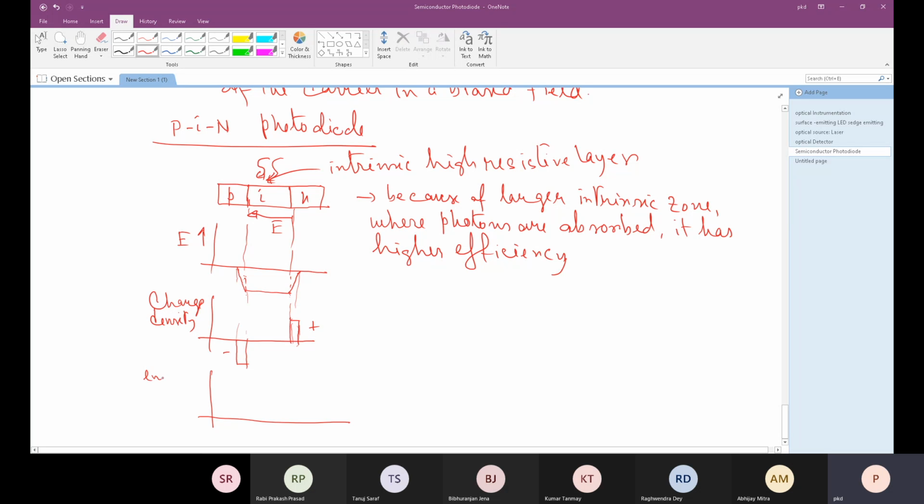Now if we plot the electron energy, this corresponds to the conduction band, this corresponds to the valence band.